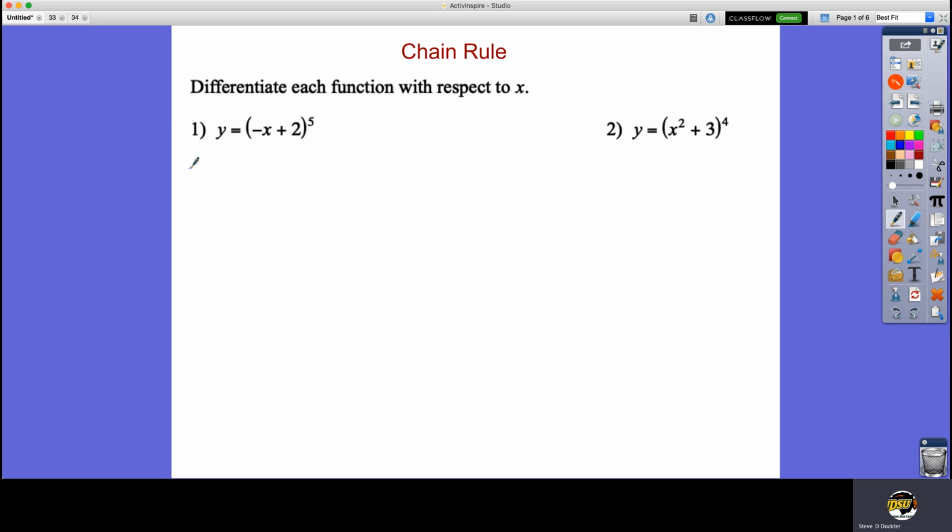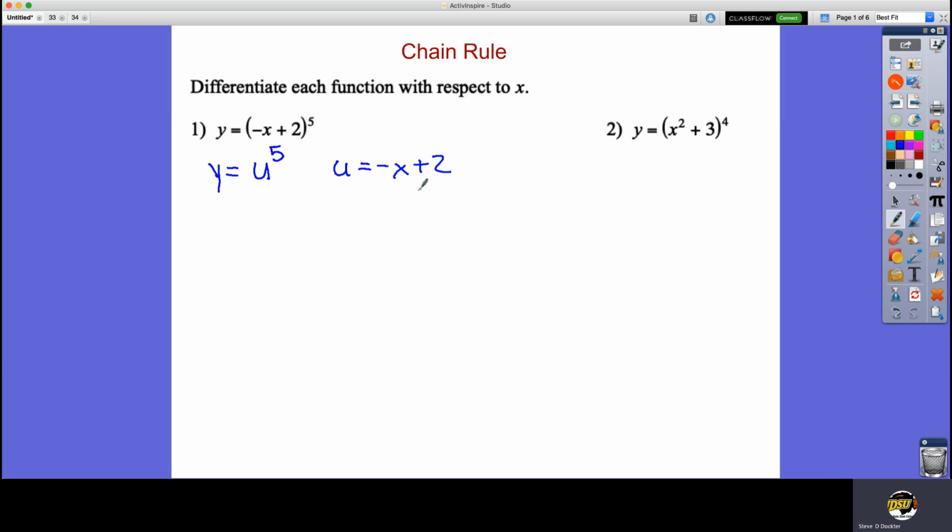The most common one is u. So we're just going to do a little bit of substitution here. We're going to say that our y equals u to the fifth. Our u is just taking the place of everything that's inside the parentheses there. So then we've got u equals negative x plus 2.